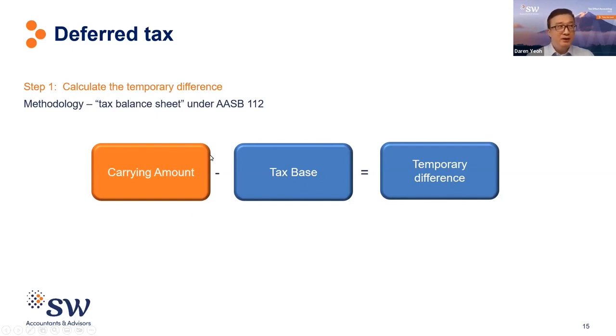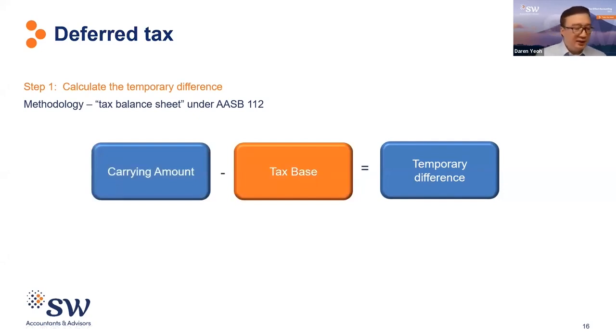The carrying amount is whatever you have in your trial balance, the book value or accounting value. Note that you need to put through all your accounting standard changes, for example, putting through your right of use asset additions, and any impairments or revaluations before you do your tax calculations. So tax is the final adjustment.